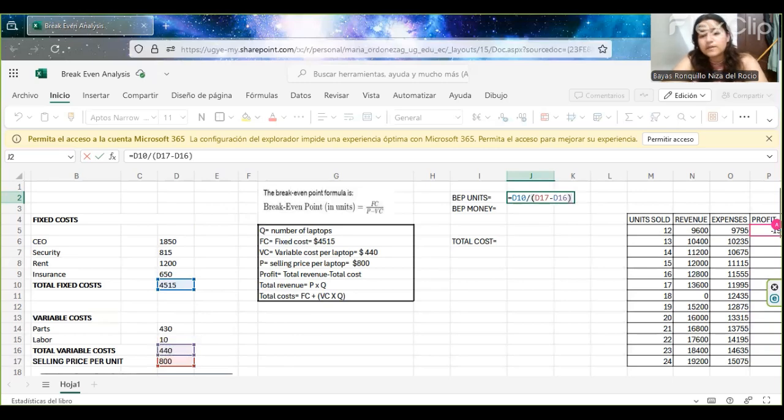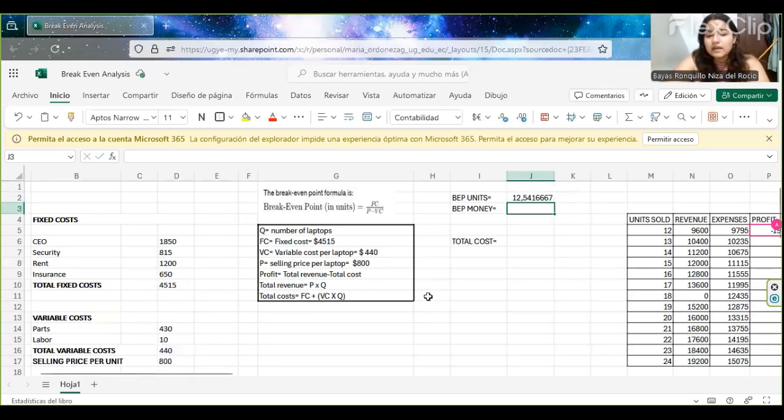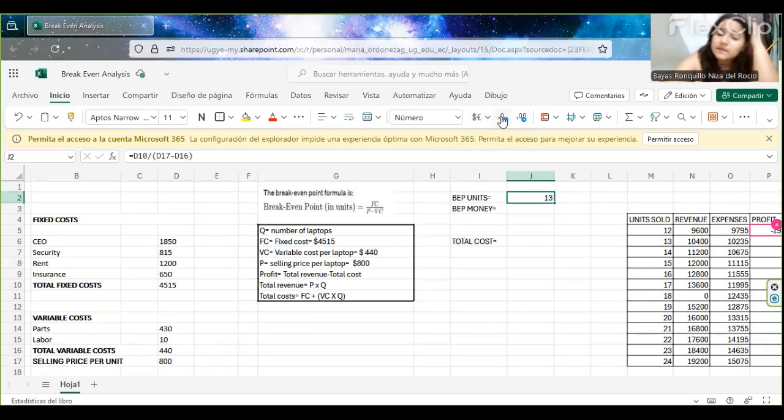We close parentheses, enter, and it says that the minimum number of units that we have to sell is 13 laptops, okay? Not to lose money, but also to make profit.